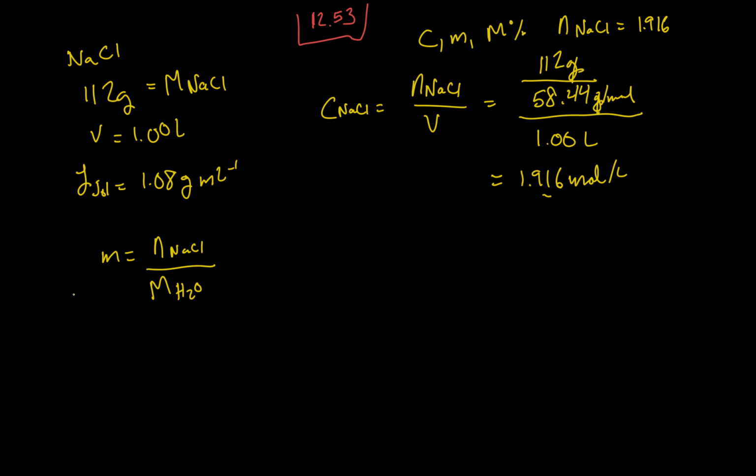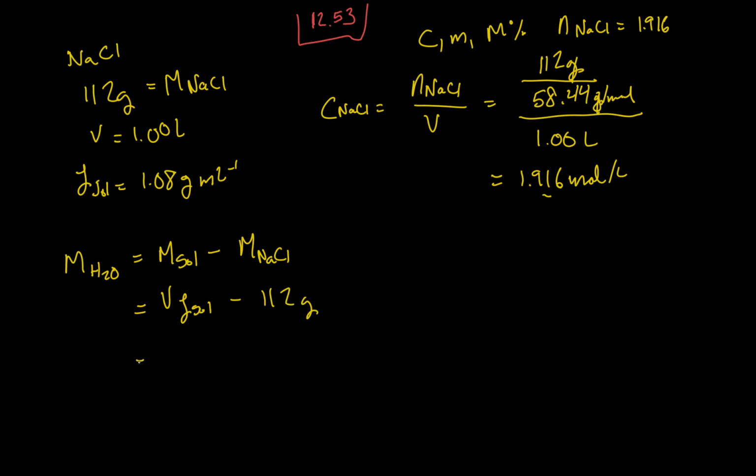The mass of H2O is going to be equal to the mass of the solution minus the mass of the solute. We get the total mass of the solution by multiplying the volume by the density of the solution, and we subtract from that the 112 grams that we start with.